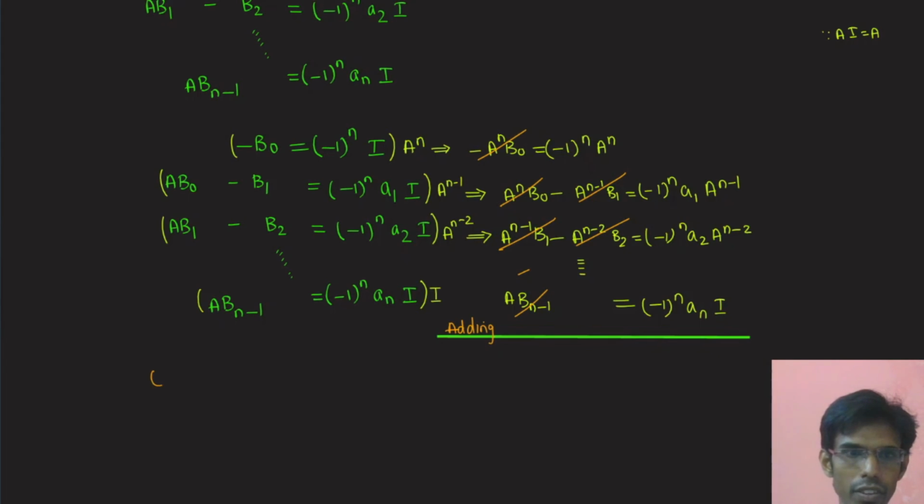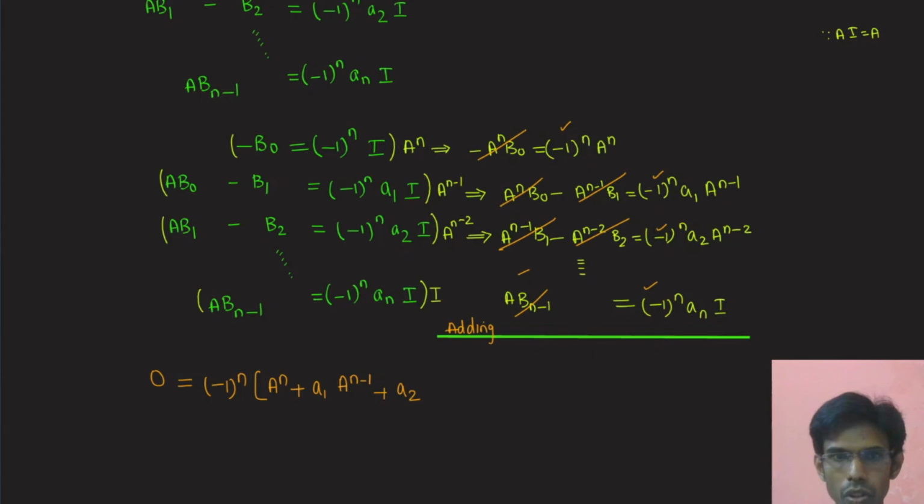Here we are left with 0 is equal to (-1)^n, (-1)^n, (-1)^n, (-1)^n. So take (-1)^n common, then we are left with A^n plus a1 A^(n-1) plus a2 A^(n-2) and so on up to a_n.